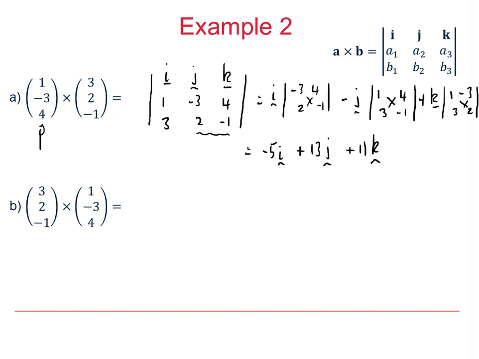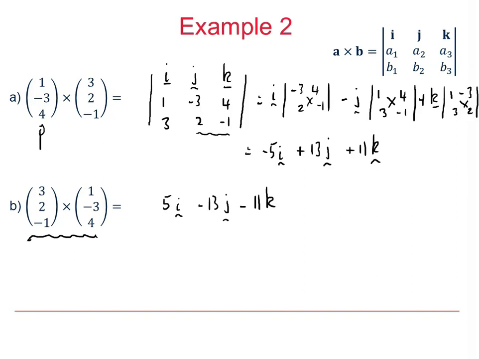And what I'd like you to do now is to pause the video and to attempt this second question here, and then restart the video. Well, I hope you've done that, and you should have found that you get 5i minus 13j minus 11k.